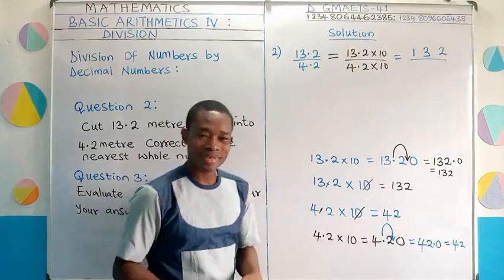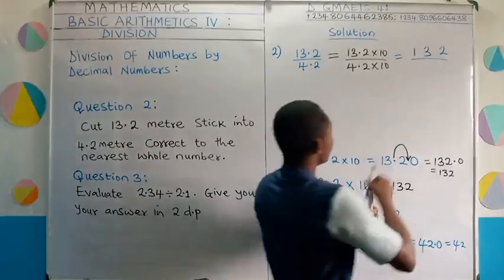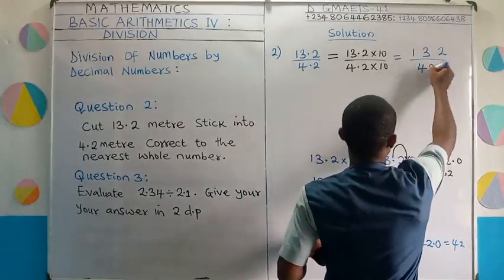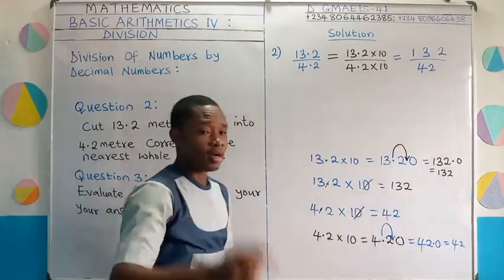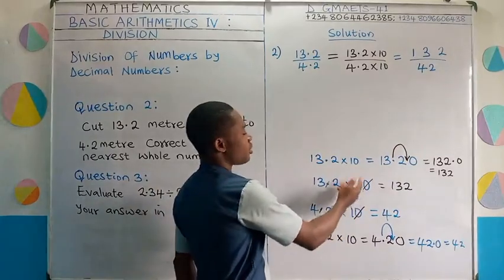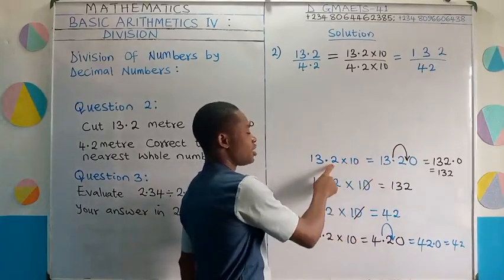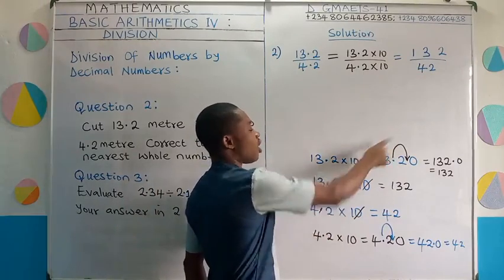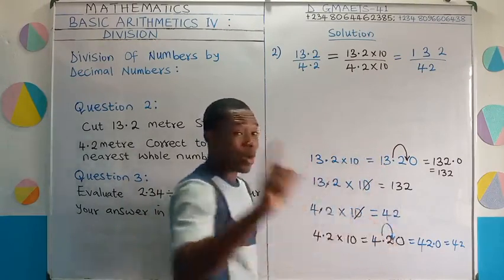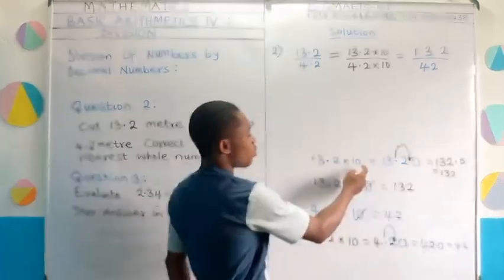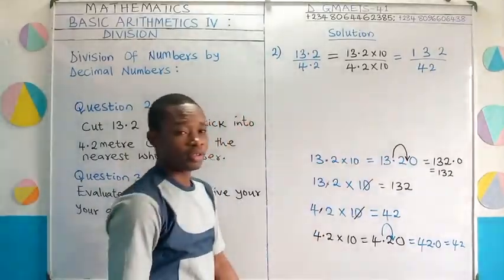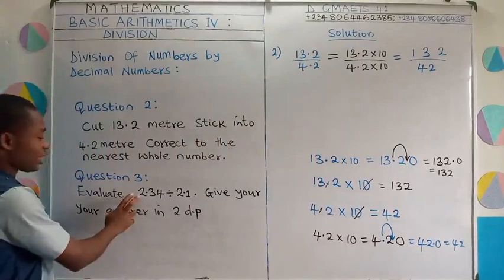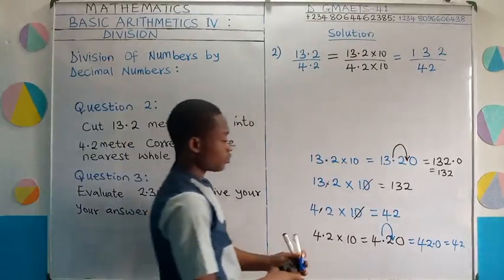Let me write that here. This is 42. Remember, if we had something like 100 here, and this is just one decimal digit, we cancel off one of the 0s from 100, and one 0 will be left. So that 0, once you get your answer, you attach it. Are you following? Anyway, I hope we'll see something like that in question number 3.